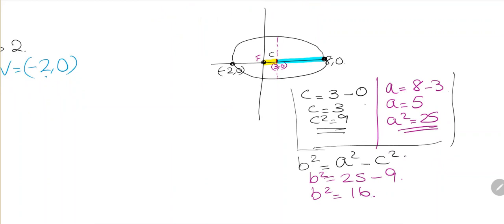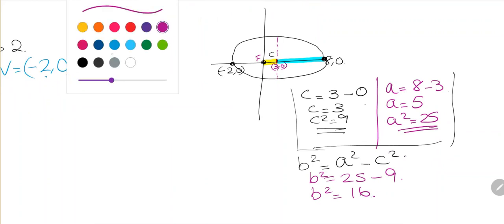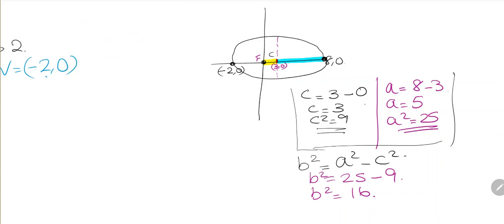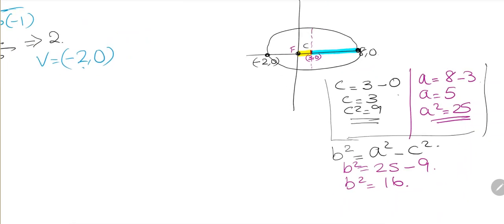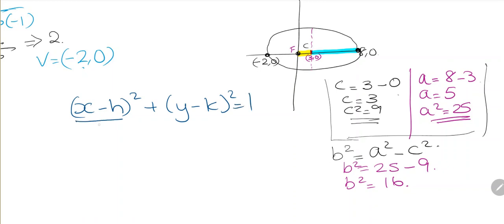So we've got all the information that we need. We just need to put it into our equation: (x minus h) squared over a squared plus (y minus k) squared over b squared is equal to 1. It's on the x-axis, so that's fine. Now we substitute in our values.